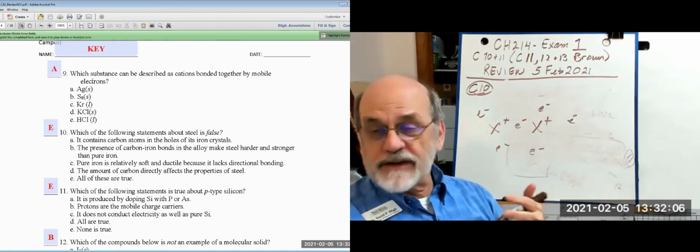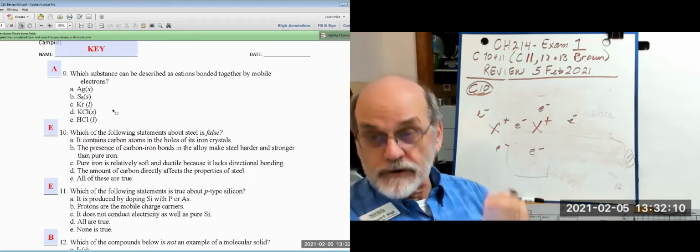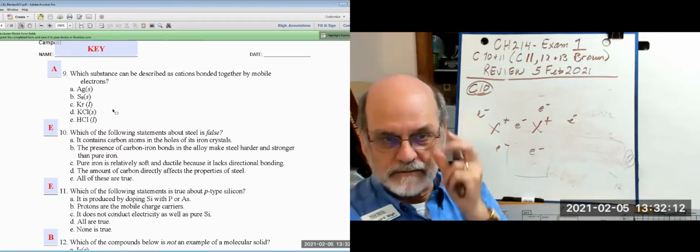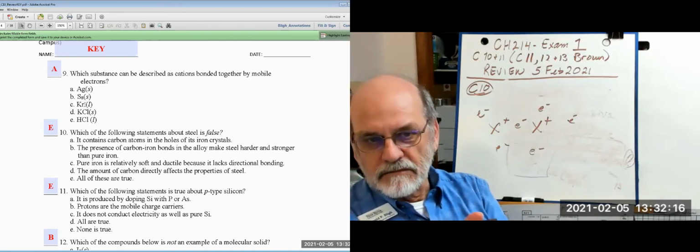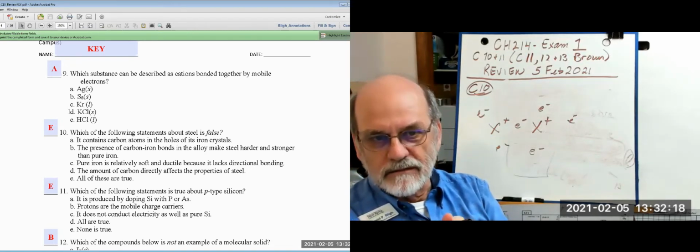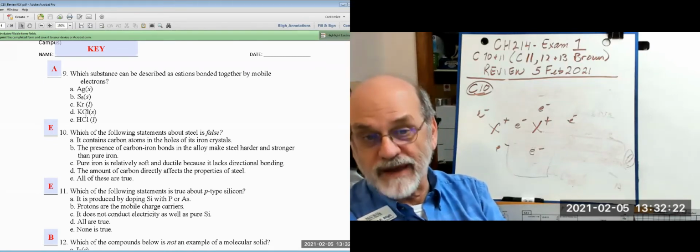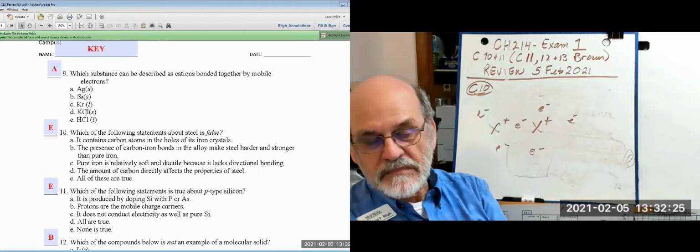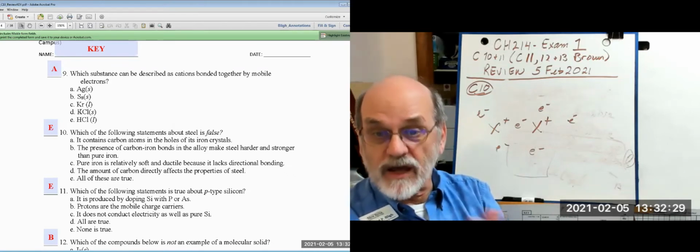So which one of these fits that bill? Well, our first choice is to find the metals. Sulfur's not a metal. Krypton's not a metal. KCl's not a metal. Well, it contains a metal. It's a compound, actually. And the explanation for the bonding in KCl is ionic bonding, right?